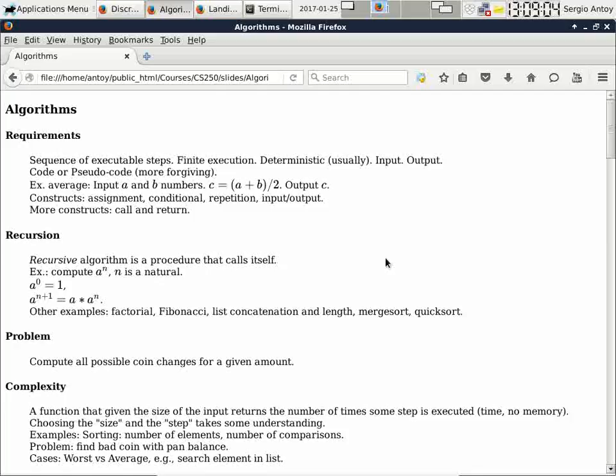What is 7 to the second? 49. So this one is 49. What is the result? 7 times 49. I can't do it in my head. But, so far so good?